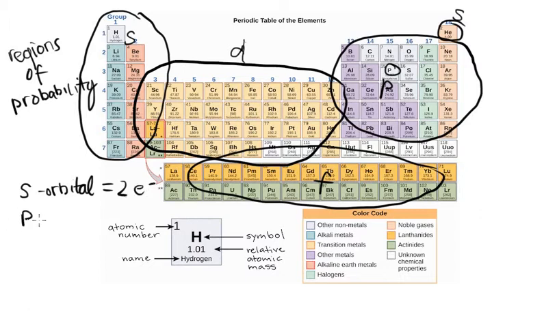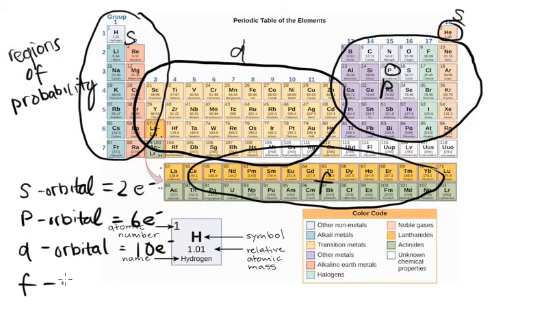The p orbital, 6 electrons. The d orbital, 10. And lastly, the f orbital equals 14.